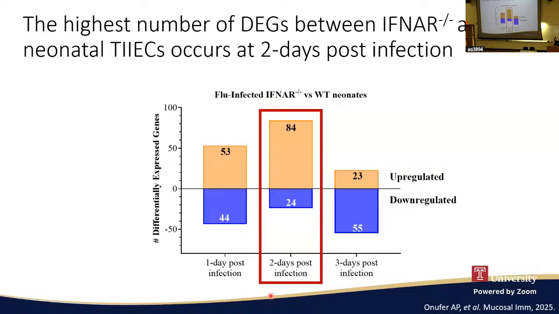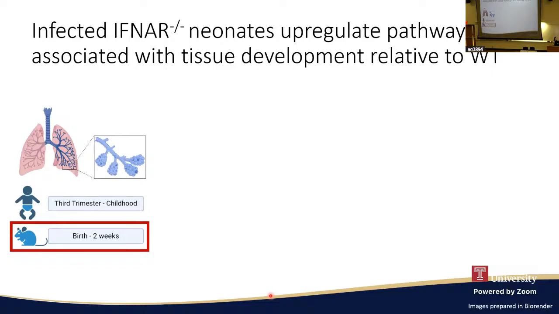Now, the next thing we wanted to do was perform pathway analysis, and this would give those 84 upregulated genes some biological context. And what we found is that the upregulated genes were associated with tissue development. Now, we expect tissue development to be occurring in our neonatal model because, again, they fall within this rapid 2-week developmental window.